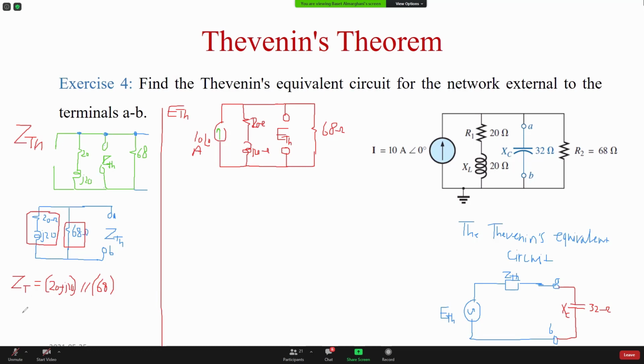So you can do it the way you want. Z Thevenin: you can multiply, divide by the sum.